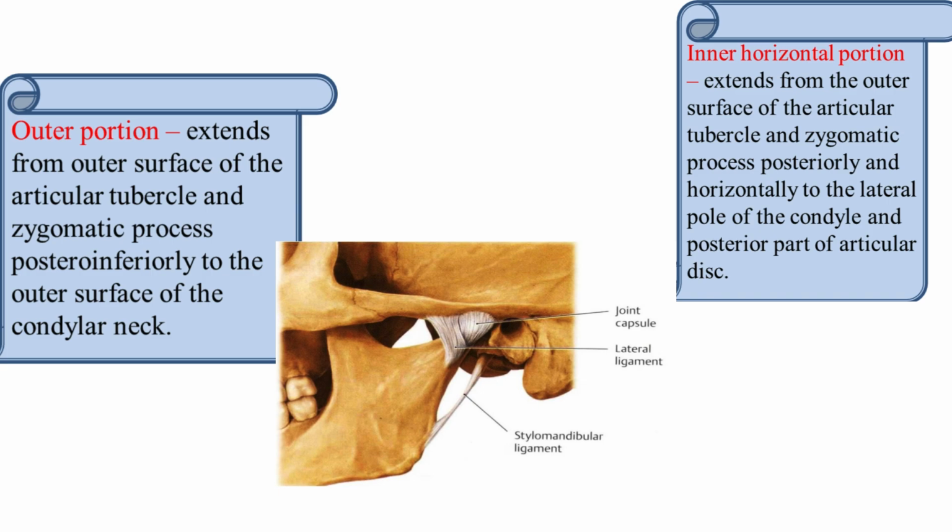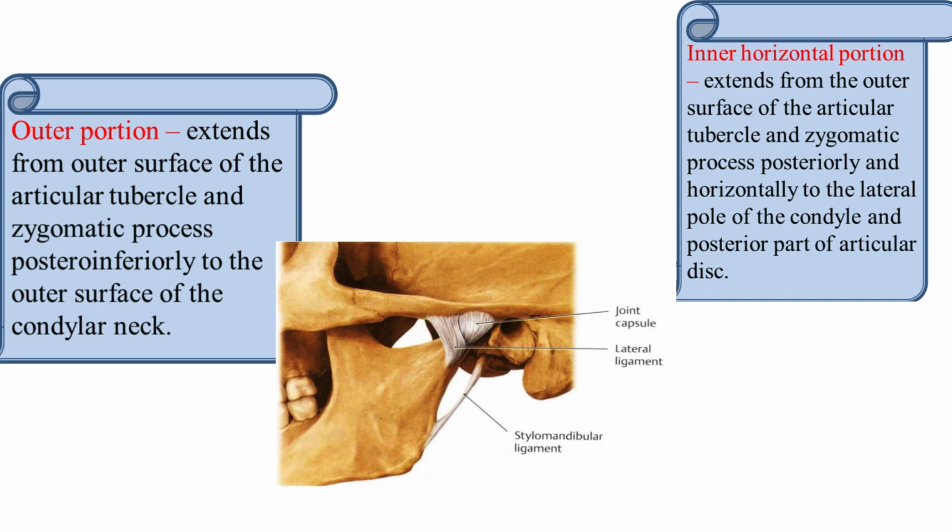Okay, so the outer oblique portion extends from the outer surface of the articular tubercle and zygomatic process posterior-inferiorly to the outer surface of the condylar neck, and it is shown in the picture.